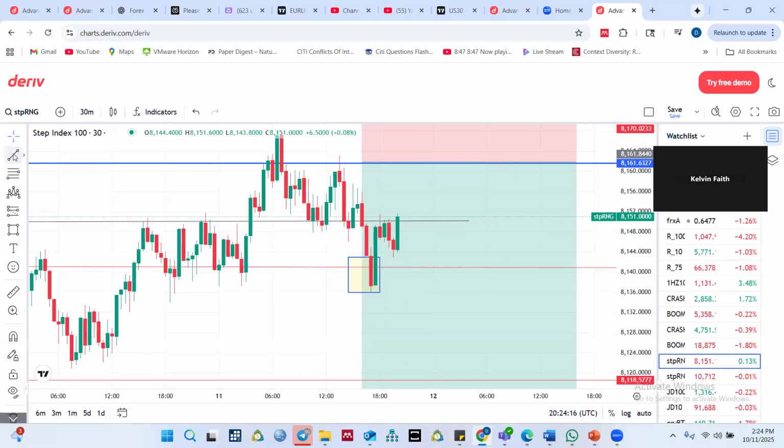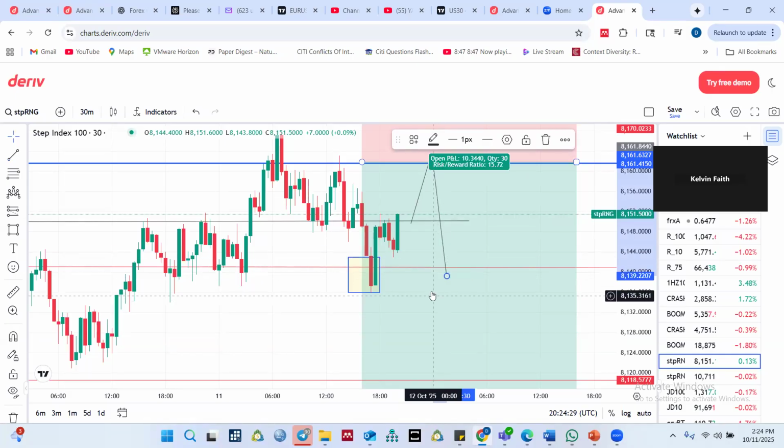If it moves up, as long as it stays below the blue line, it's still valid. If we see engulfing rejection, it's still going to sell. We can still take another sell entry. But let's see what this new 30-minute candle will do.